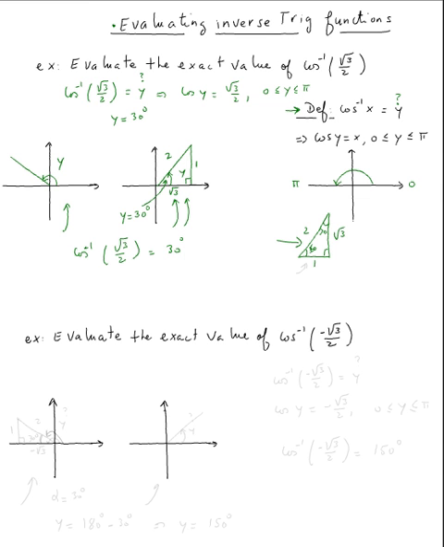Now let's do this example. Evaluate the exact value of cosine inverse of negative square root of 3 over 2. Same thing, we're going to call cosine inverse of negative square root of 3 over 2 y, and this is what we're looking for, this angle. By definition, we know cosine of y is equal to negative square root of 3 over 2, and we know y is between 0 and pi.